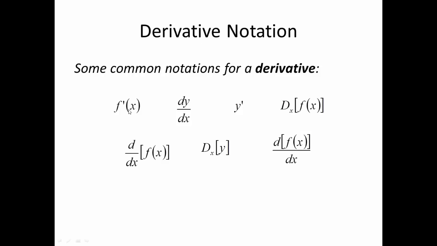The most common ones are these first three, and your book will use any of these three, and you have to get familiar with them, okay? So these are the three that you're going to see the most. You'll probably see this one too, d over dx of f of x, and these two are actually the same, okay? So these are just the symbols that we're going to use to talk about the derivative, or the slope of the tangent line.